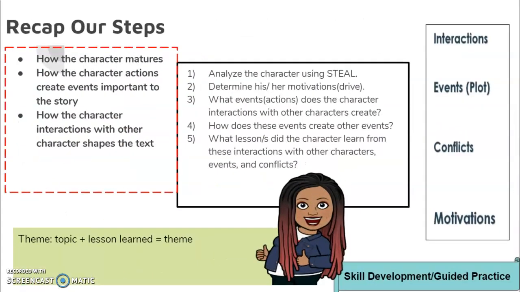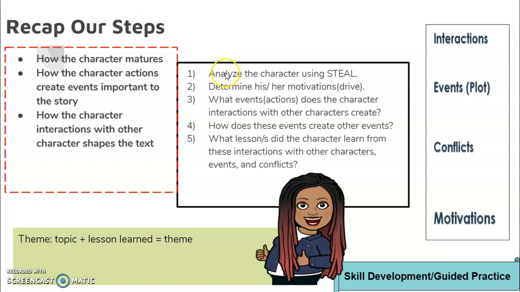So let's quickly recap what we learned. We learned that interactions, events, conflicts, and motivations all work together to create a story and they help us with character development. We're looking at how the character matures, how the character's actions create events. All of this connects, and how the character's interactions with other characters shape the text.